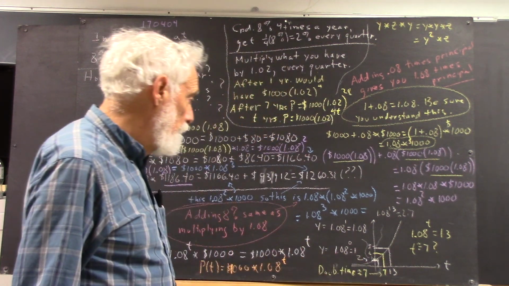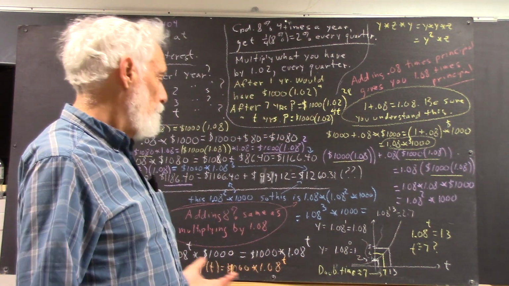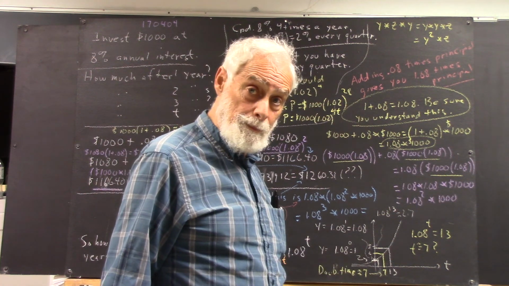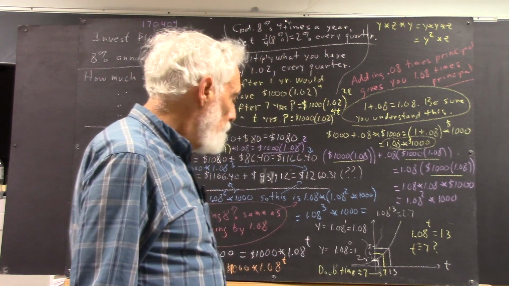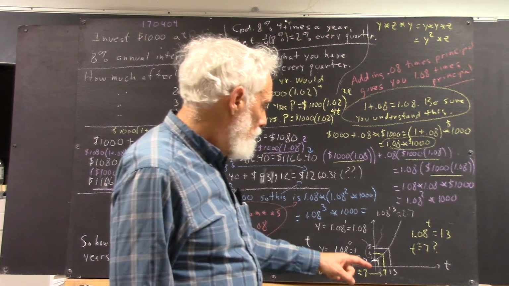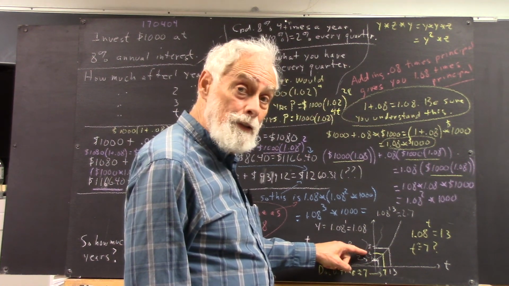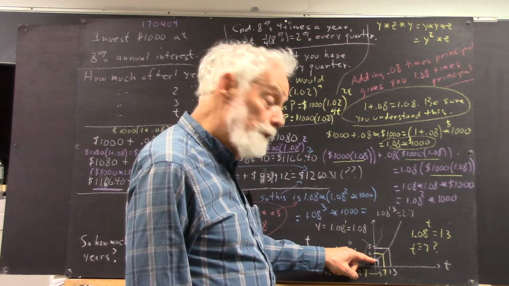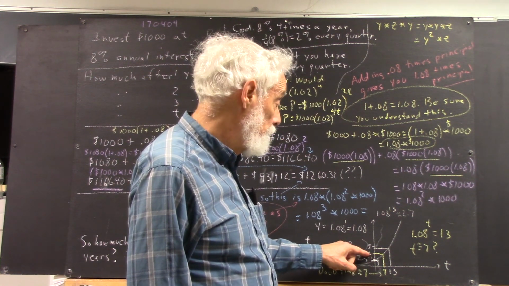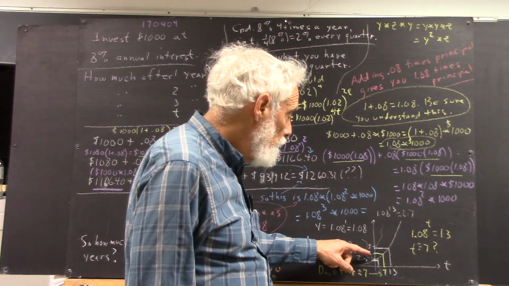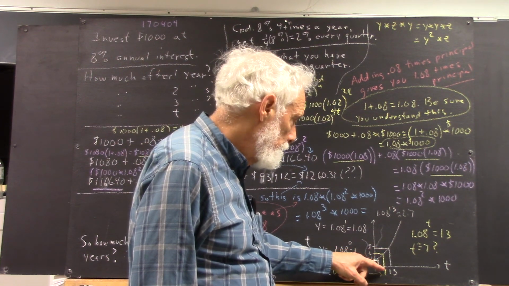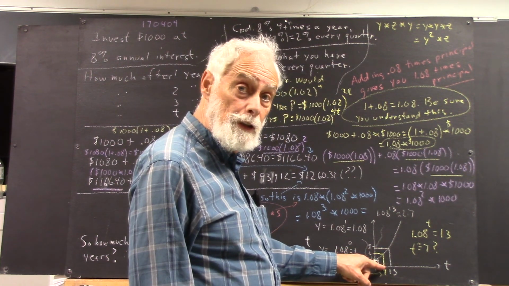So I posed the question, what's the doubling time? Well, the doubling time occurs when you get 2 here. You got 1 here, then the value is going to double. If it starts at 1 and doubles, it gives you 2. So we come over from 2 here to the graph, and we come down, and we have our doubling time.